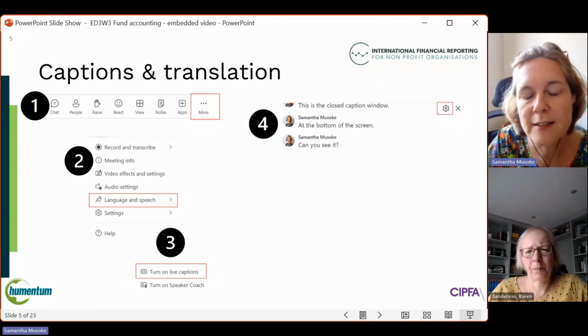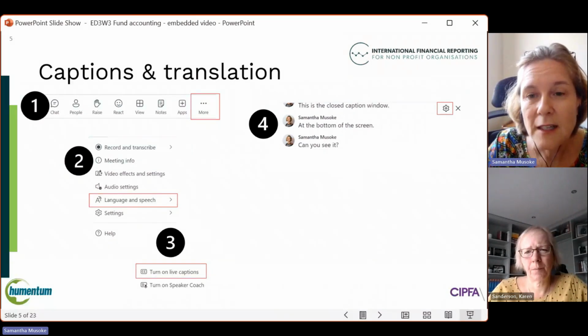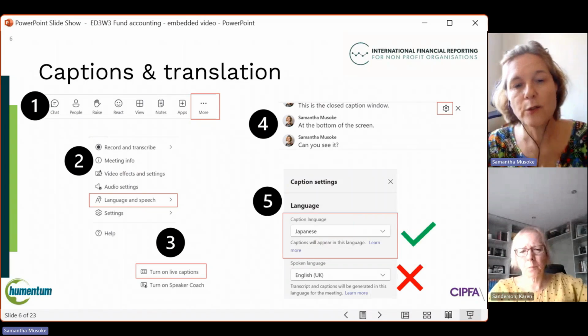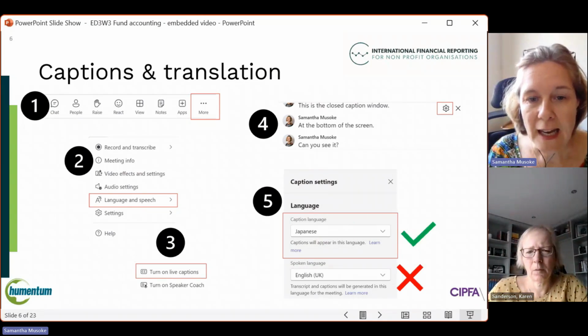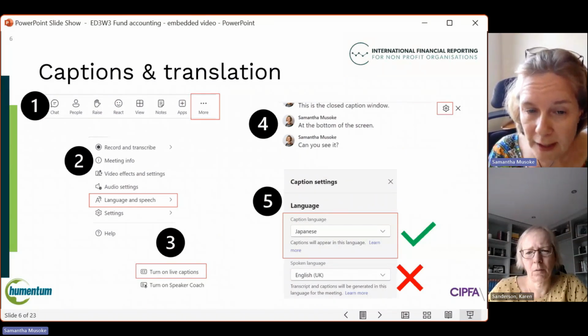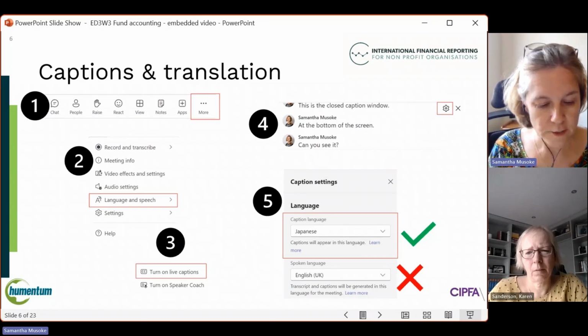The 4th is in the screen at the bottom where your captions are. There is a little settings cog in the right corner. Click that. And then you can choose to change the caption language. Please do not change the spoken language, only change the caption language.